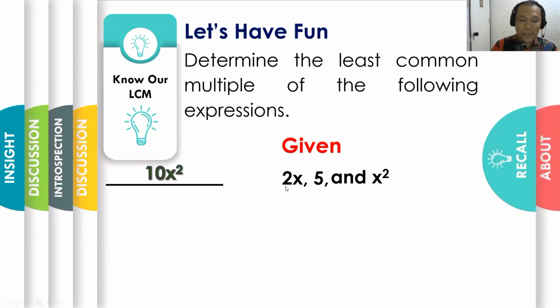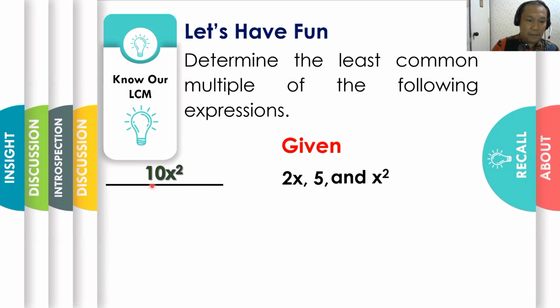In the given expression, relative to the numerical coefficients, we do have 2, 5, and 1, which is invisible. Now, the given 2, 5, and 1 have a common multiple, which is 10. The first product of the given numbers by counting numbers which is common to 2, 5, and 1 will be 10.